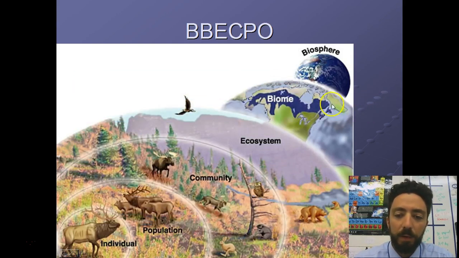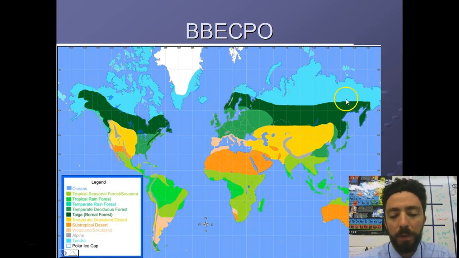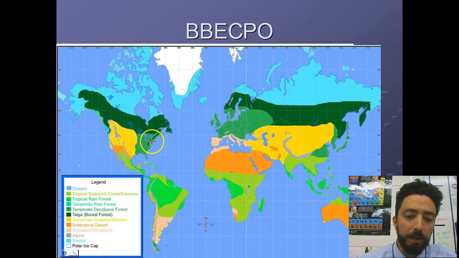The next level of organization is the biome, and biomes are noted by similar plant and animal life, and usually they're really similar climates and geography in similar biomes. So this map here shows all the different biomes on Earth. And these biomes are kind of shown by the different colors here.